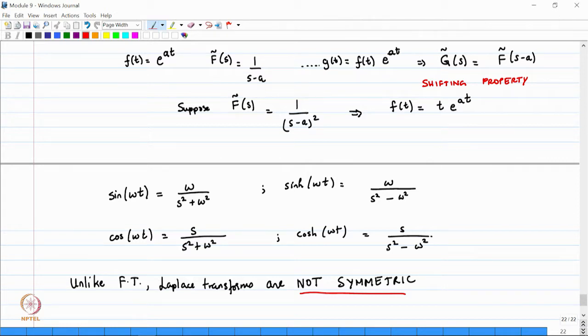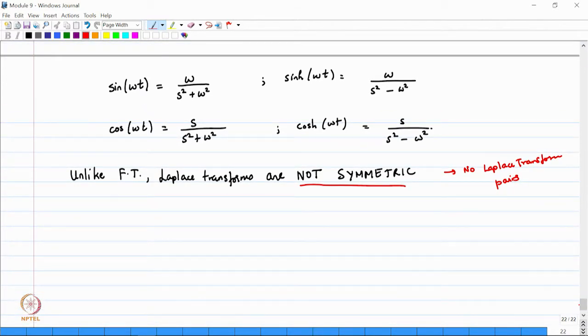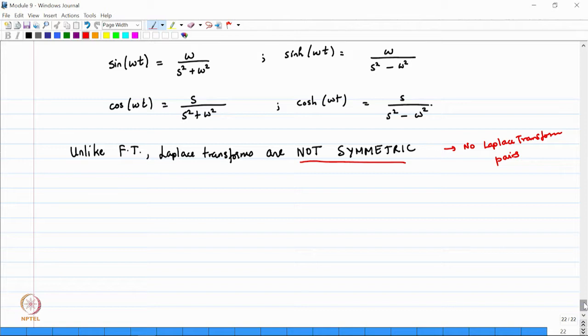We cannot have Laplace transform pairs. Okay. So, then you have to explicitly do the inverse Laplace transform.